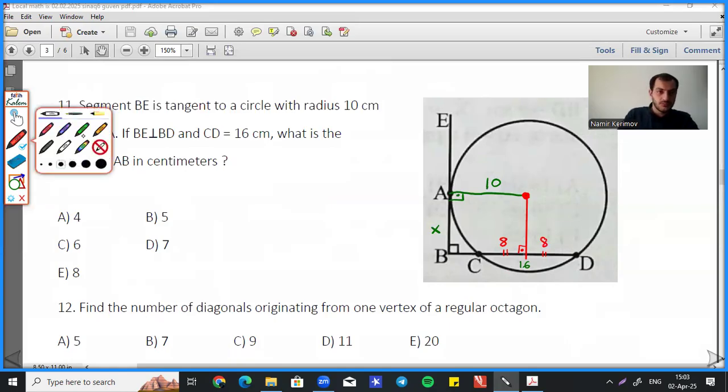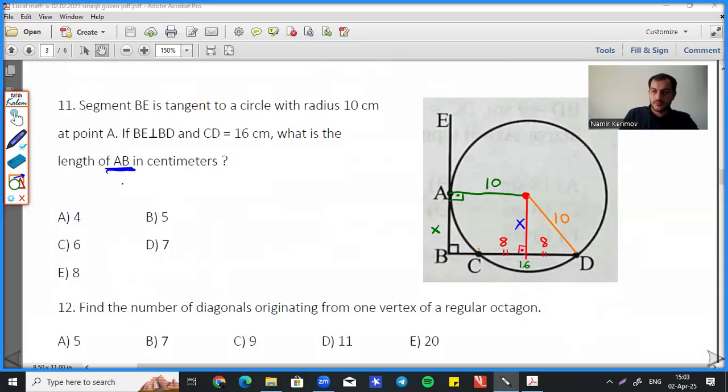And at the same time, we know that the radius is 10, which we can show here, or maybe here. That's your choice. It's 10. So that's what we should find, X, the length of AB. X squared plus 8 squared will be 10 squared. So X is 6. Answer C.